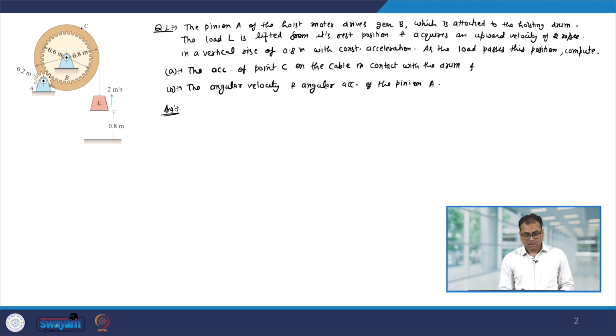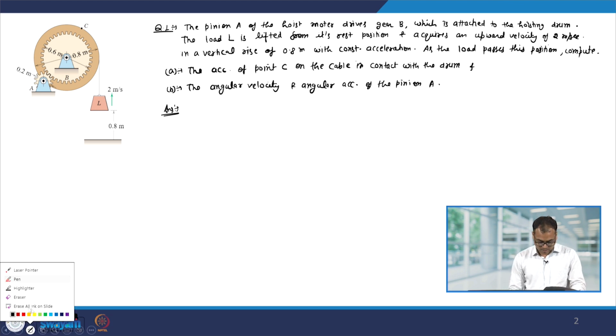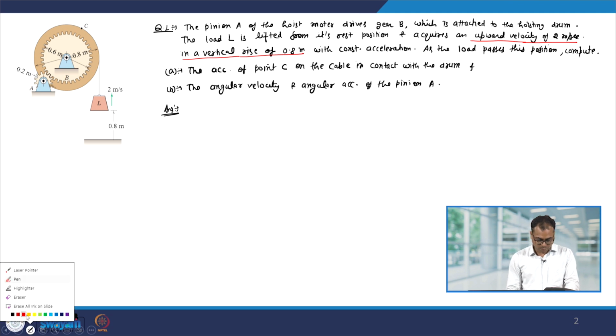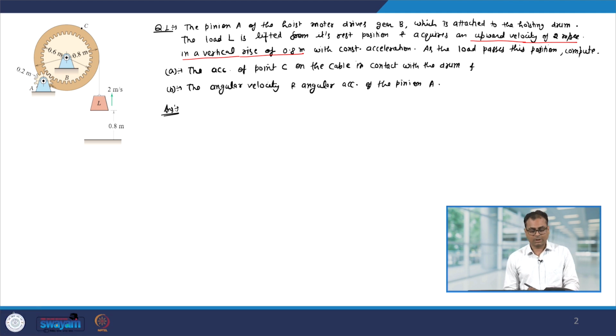Okay. So, first of all, it is given that the load L moves in the upward direction with a velocity of 2 meter per second in a vertical rise of 0.8 meter. From here we can find out the acceleration of the load. We know that v square equals u square plus 2as.